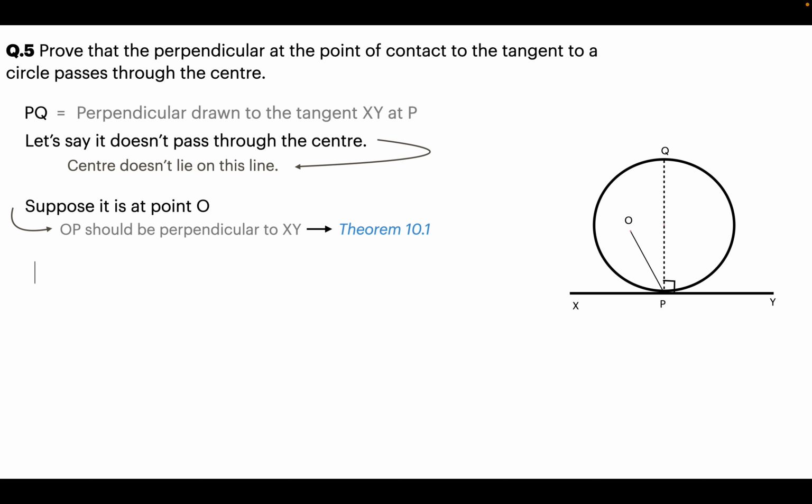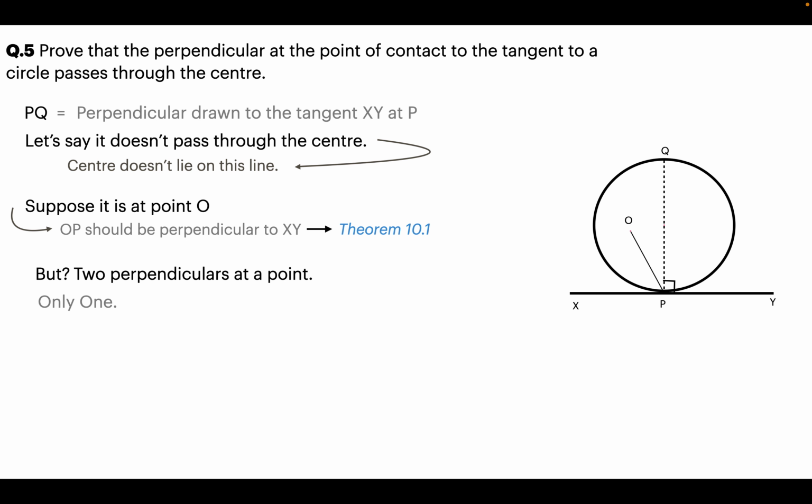But now we have a very weird situation here, that we have two lines making the same angle at a point. We cannot have two lines making the same angle at a point. Two different lines should make two different angles at a point.